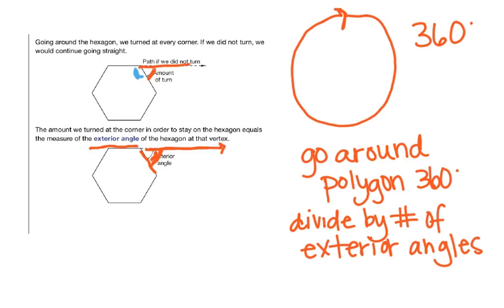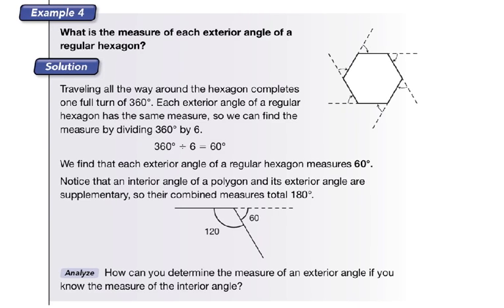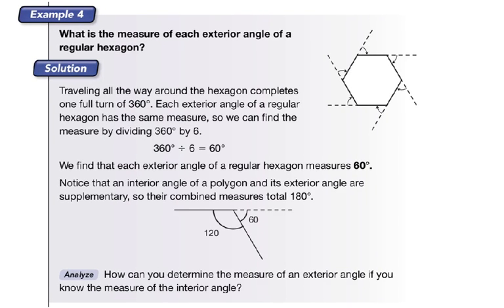So like in our circle, there's no exterior angles, so it's just 360, right? But here we have some exterior angles, and that's going to lead us into our example 4. Okay, so it says, what is the measure of each exterior angle of a regular hexagon?